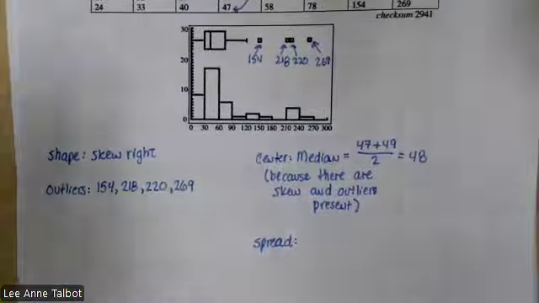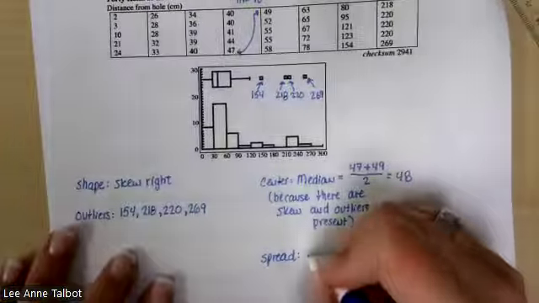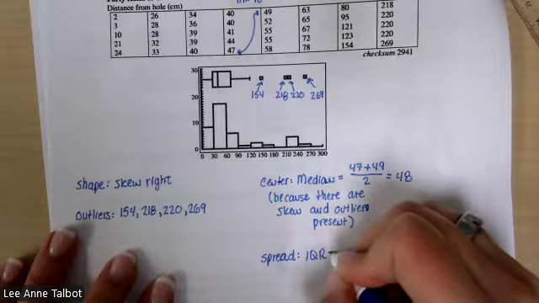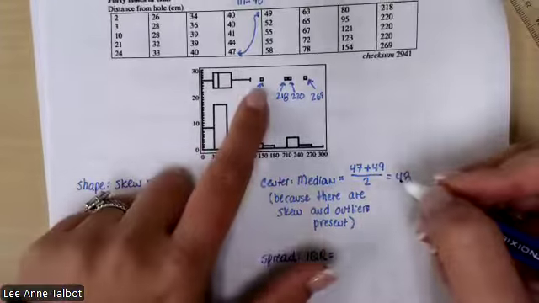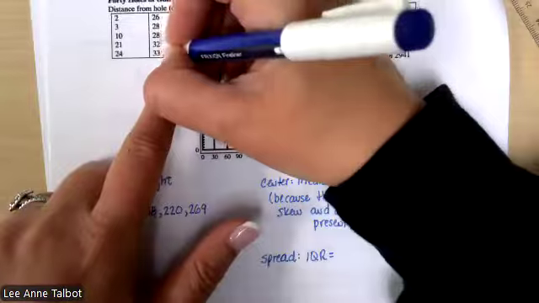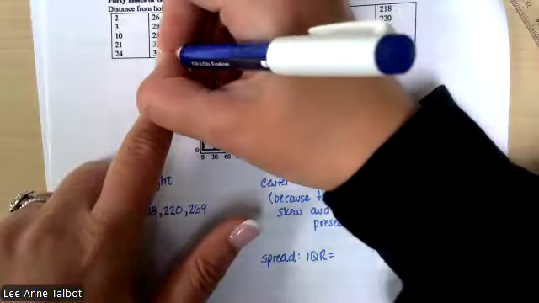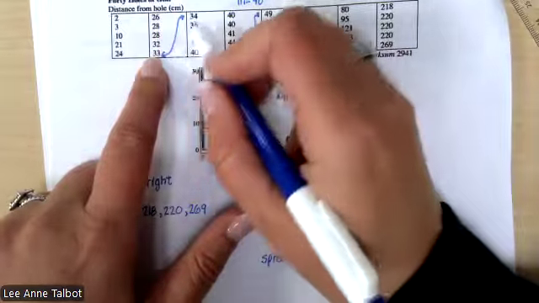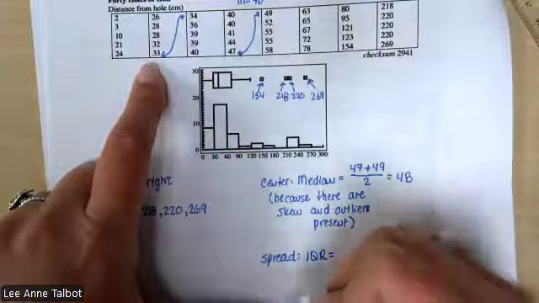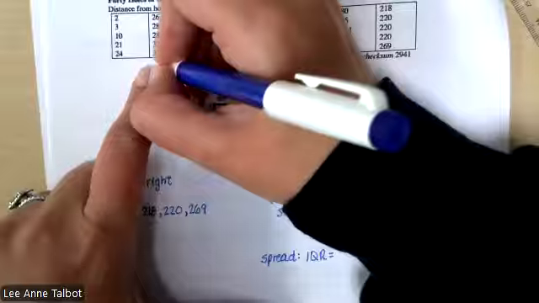Okay, so we need to find the quartiles. Okay, so let's see. Quartile one would be between these two, which is 33.5.